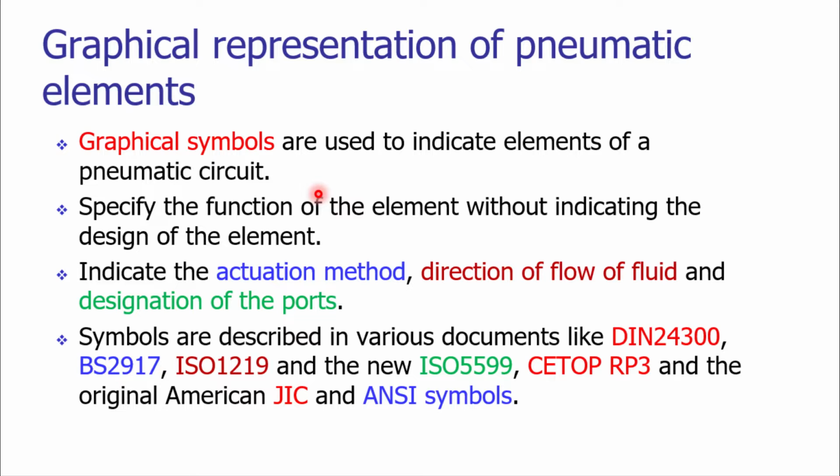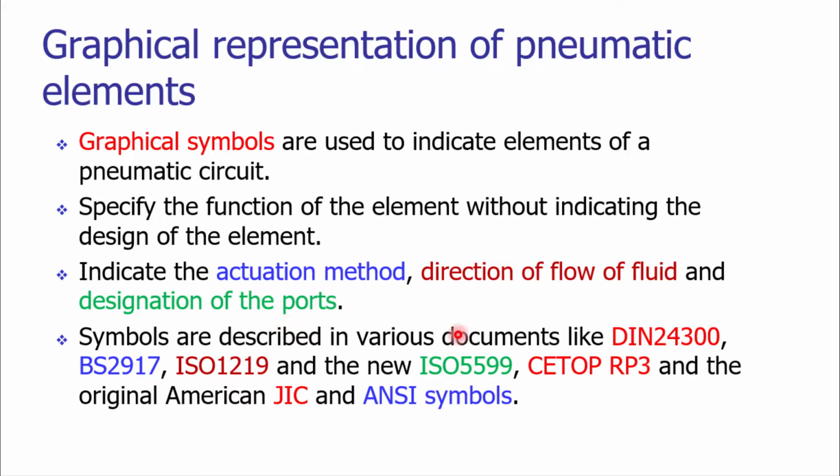In our previous week, we have seen that such a graphical language or representation is very helpful to designate the hydraulic elements. In a similar way, for pneumatics as well, we use graphical representation. This graphical representation is basically used to indicate the actuation method, the direction of flow of the compressed air, and the designation of various ports.